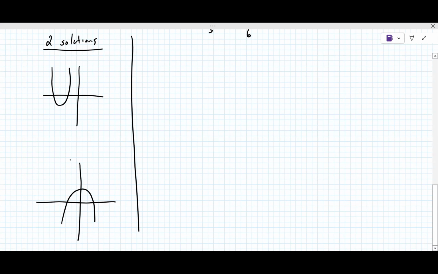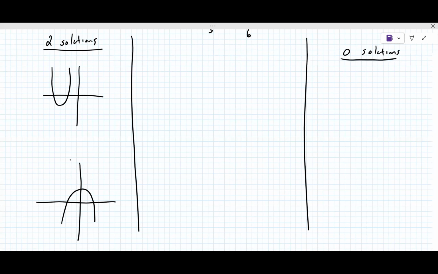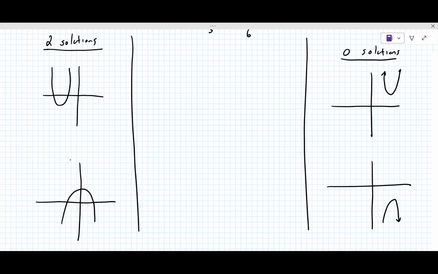Okay. Now we're going to come over here to the right, and we're going to talk about 0 solutions, what that might look like. So 0 solutions, here's your first graph. Here is your second graph. How many times do these graphs on the right cross the x-axis? None. None. So that's why it's no solution. So then it raised the question, well, what would one solution look like?